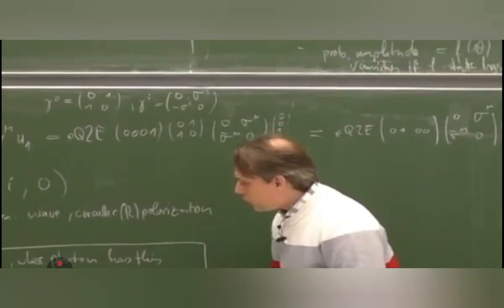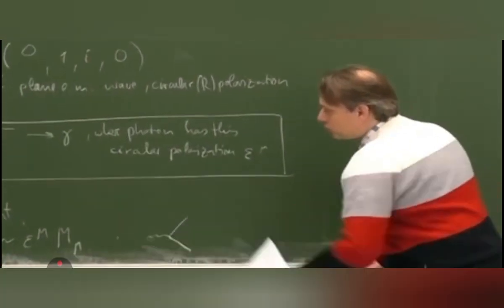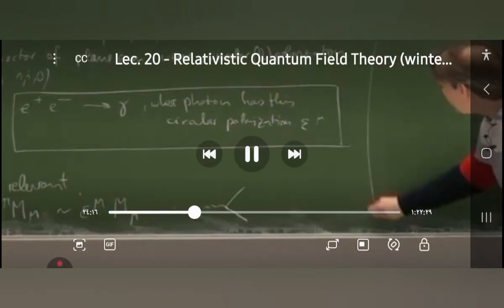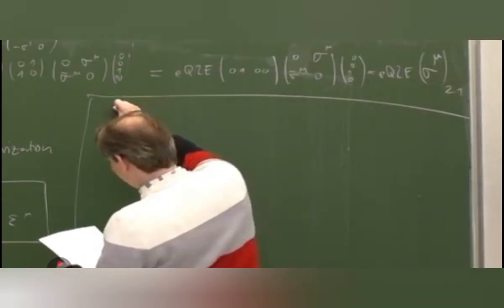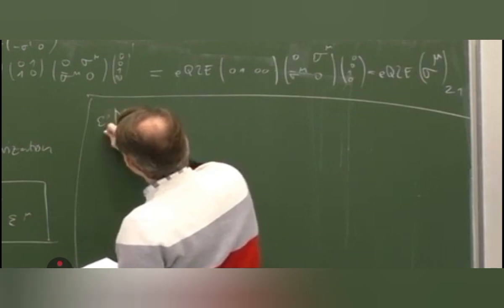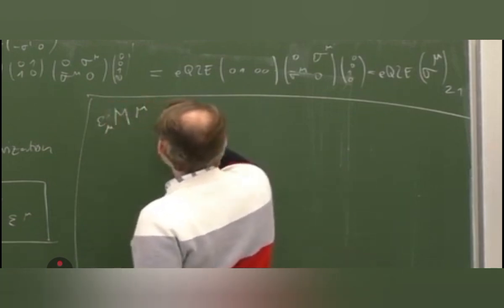That is the question, and the essential answer comes from evaluating this product here. So let us do that. Let us evaluate this product. m epsilon mu, or epsilon, let's put lower index mu, times m mu.